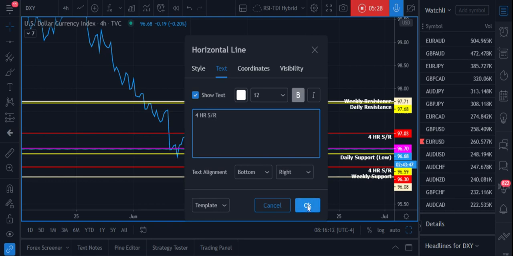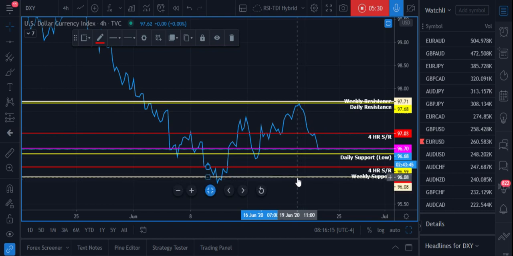I'm just going to show you this so you can follow along step by step. See? Resistance to resistance. Support. So you want at least two touches, 2 to 3 touches, okay? One touch is not enough for what we're looking for, 2 to 3 touches. And this may be again a zone, okay?